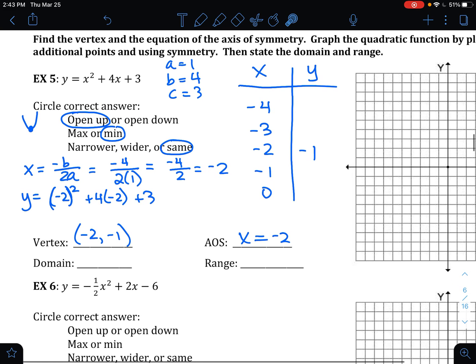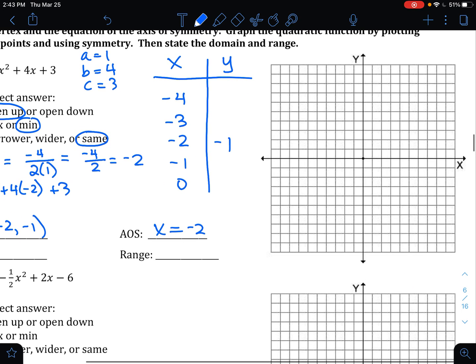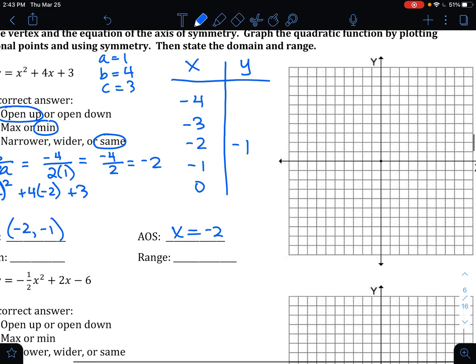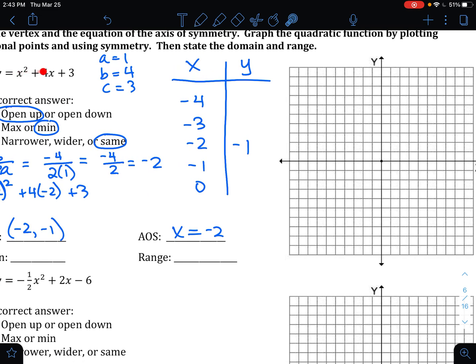What I'm going to do is plug in 0 and negative 1, and then I can use symmetry to get these two. When I plug in 0, I'm going to write on the graph and then erase it. So I'm going to do y equals 0 squared plus 4 times 0 plus 3. When you calculate that out, that's going to be 3.